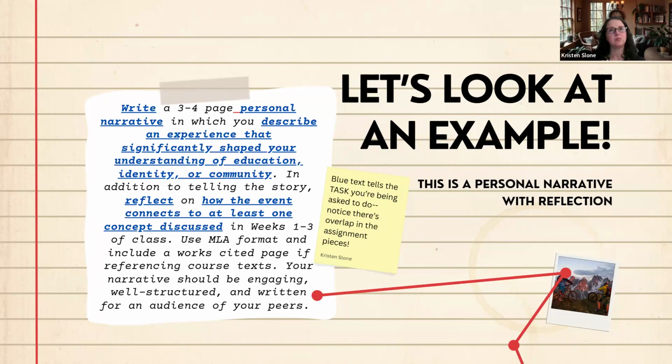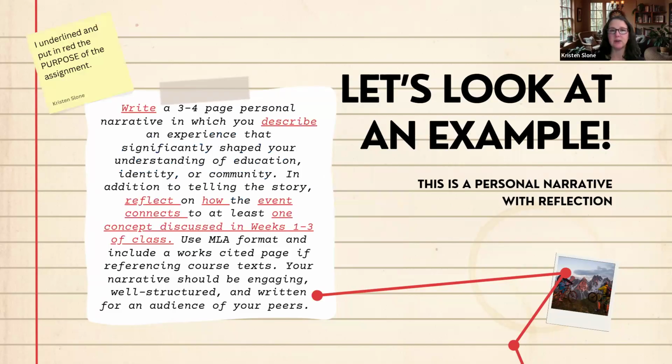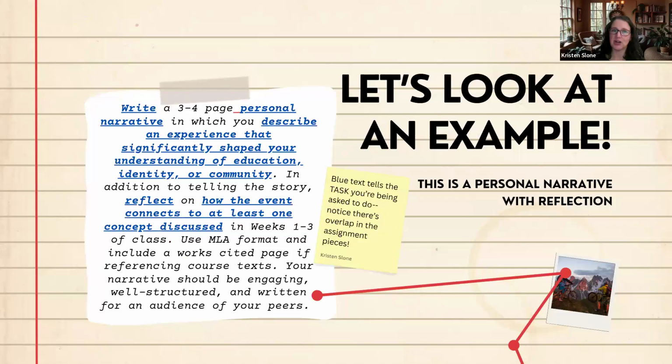Okay. That's what you're being asked to do. So again, here's the purpose, right? Describe, reflect on how events connect. The tasks you're being asked to do, write a personal narrative, describe an experience that significantly shaped your understanding of X, Y, and Z, reflect on how the event connects to at least one concept discussed. There's overlap. You're going to see overlap in a lot of these components.